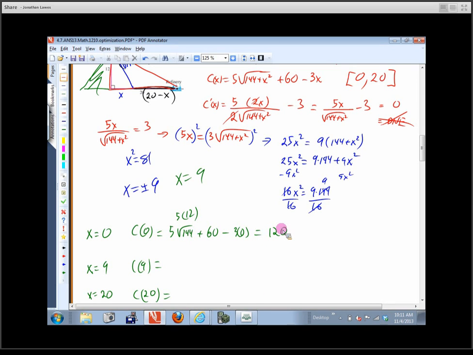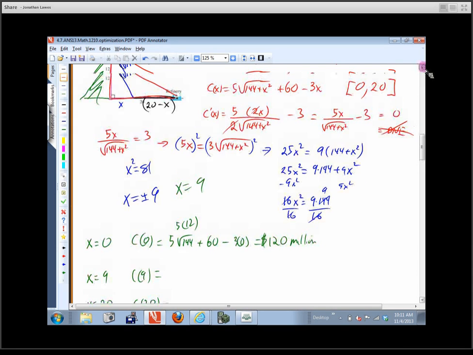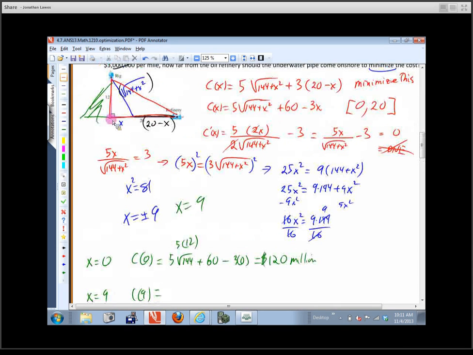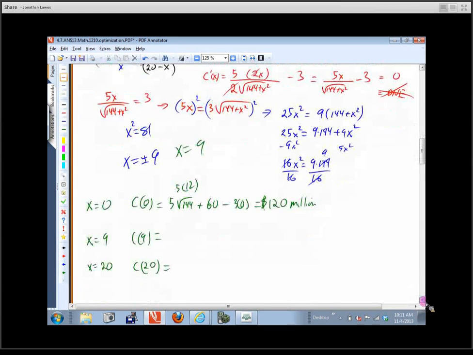Okay. Now, what does that mean? Okay, $120 million. So if we come straight on shore, 12 miles of underwater pipe and then 20 miles of land-based pipe, it's going to cost us $120 million. This is a big project.